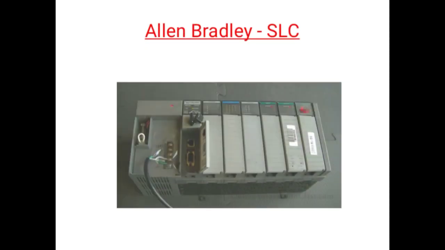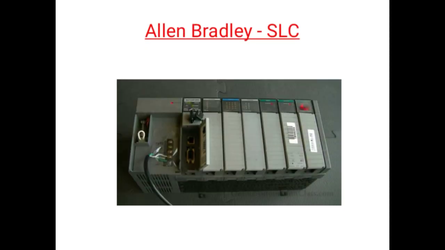Next, this is another PLC, Allen Bradley CLC. This is what we can call a modular PLC. Here you can see the power supply. Second is communication ports. You can see here there is, I think, an Ethernet port, and second is the RS-232 serial port, and this is the CPU.